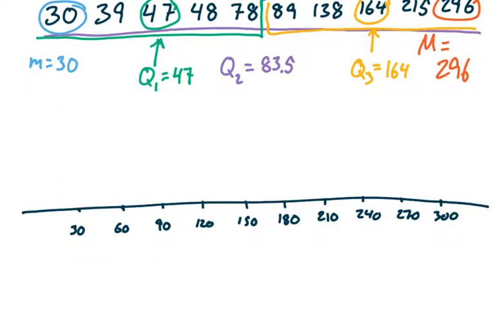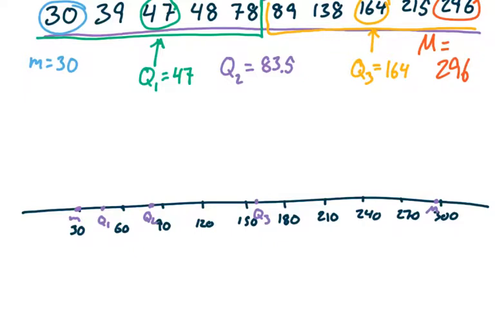Okay, step 3 here gets a little bit wordy. It says locate the lowest data value, Q subscript 1, so there that is, the median, Q subscript 3, so right about there, and then the highest data value. Right there. So I've labeled all of those, and then it goes on. Then draw a box whose vertical sides go through Q subscript 1 and Q subscript 3.